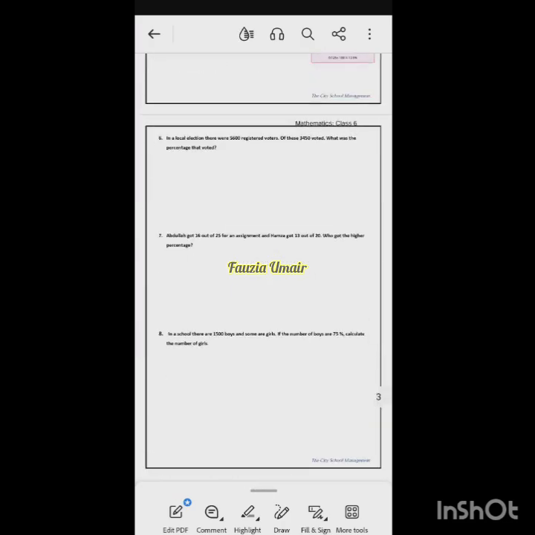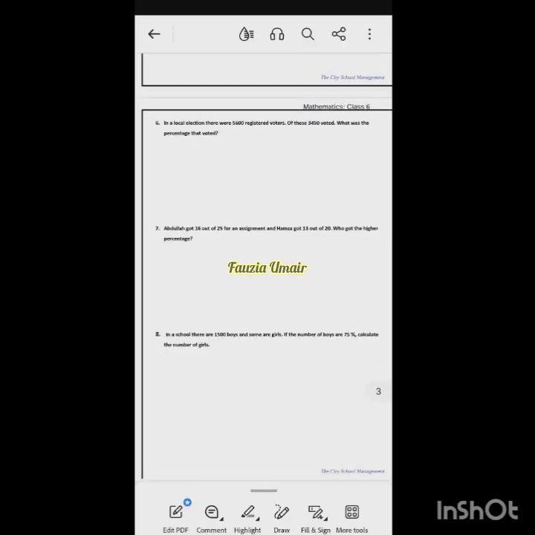So the first question is, in a local election there were 5,600 registered voters. Of these, 3450 voted. What was the percentage that voted? So how to make a percentage? Well, first write it as a fraction.